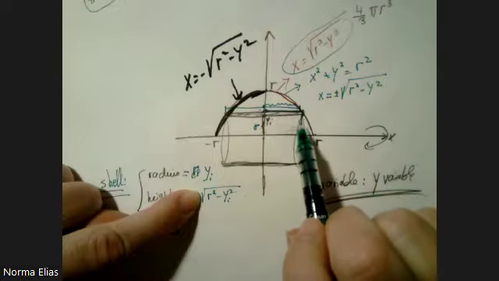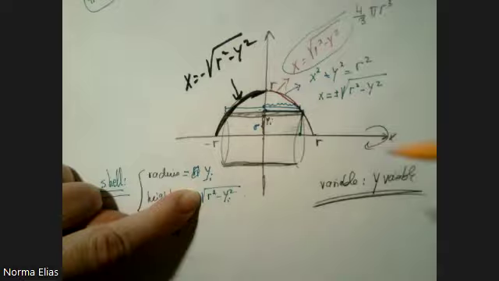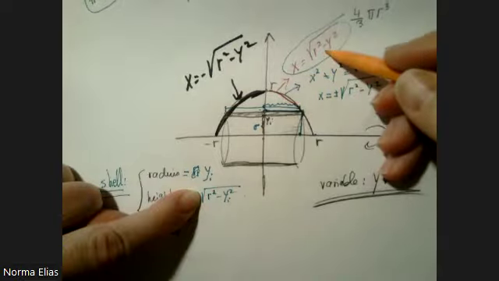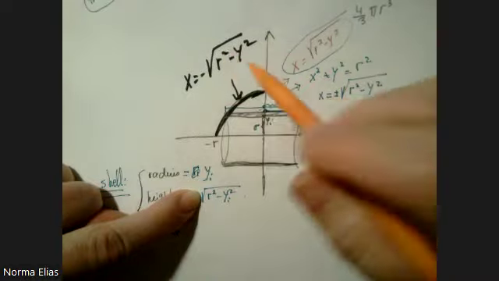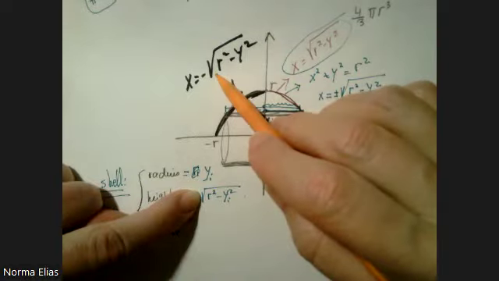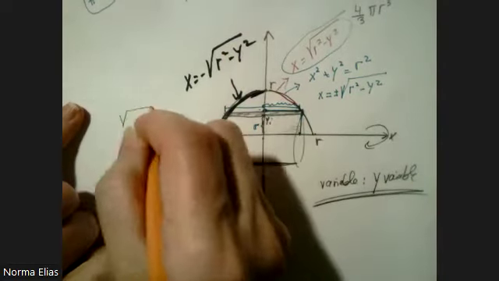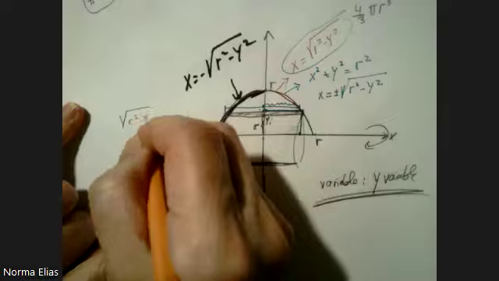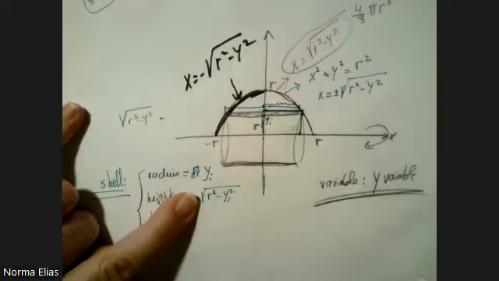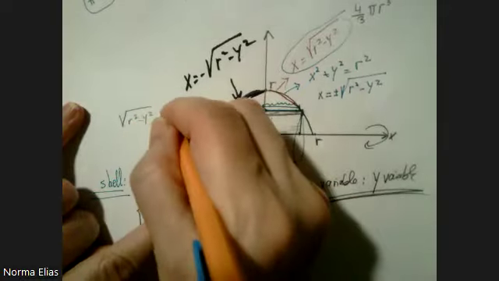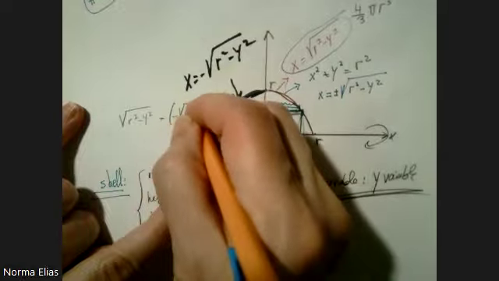Otherwise, you would have to take the right minus the left, and you will get exactly the same, because the right is the square root of r squared minus y squared and the left is minus that.